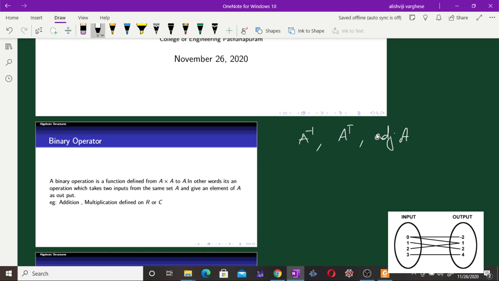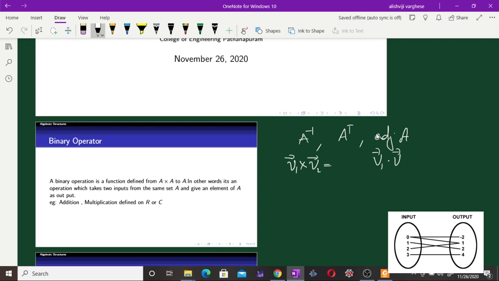And in some cases, say if we consider two vectors v1 and v2, then v1 plus v2 is again a vector, and therefore it's a binary operation. But if we multiply v1 and v2, in the case of vectors we have two kinds of multiplication. One is v1 cross v2, and the other one is v1 dot v2.